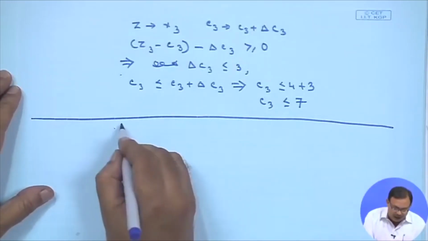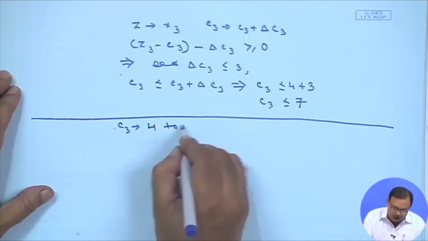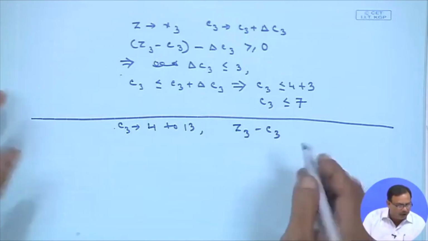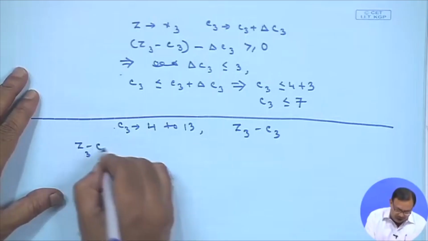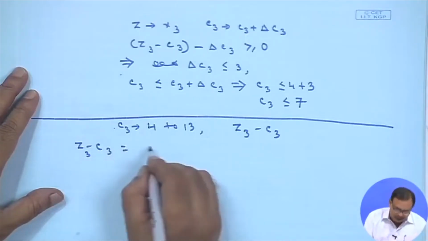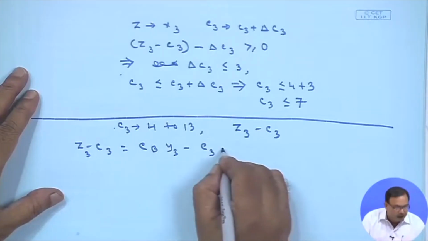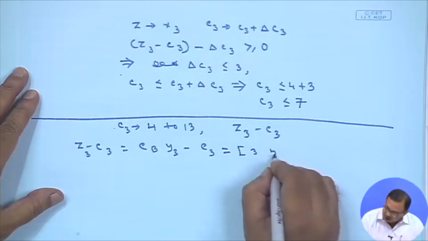Whenever your C3 is changing from 4 to 13, obviously your Z3 minus C3 will also change. What is your Z3 minus C3? Z3 minus C3 is nothing but CBY3 minus C3, and CBY3 is 3 5.